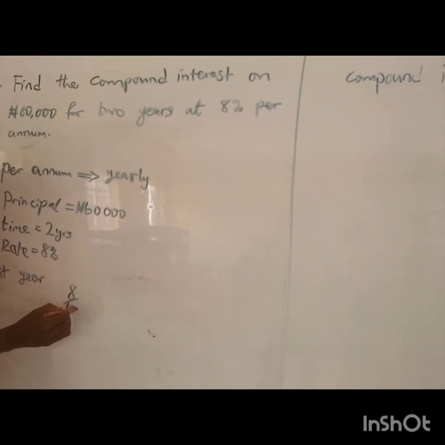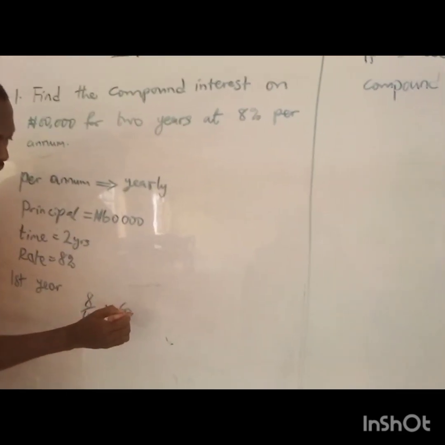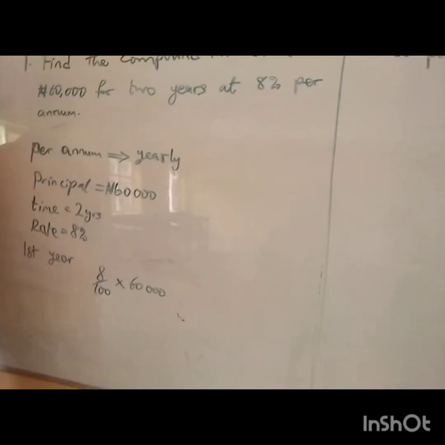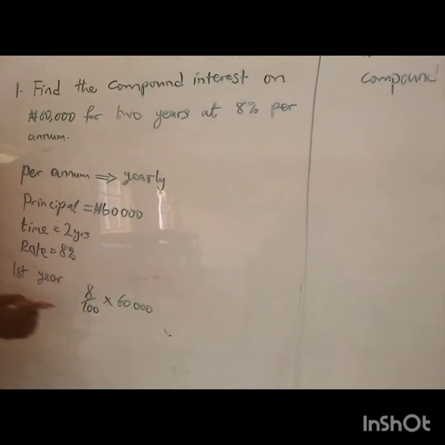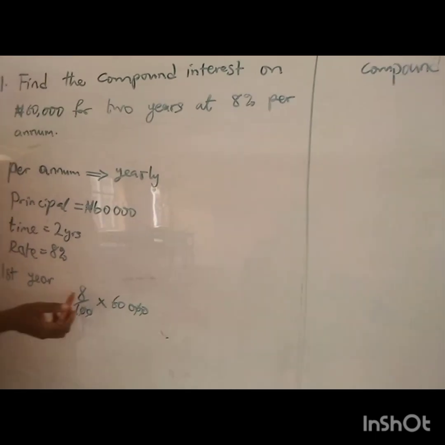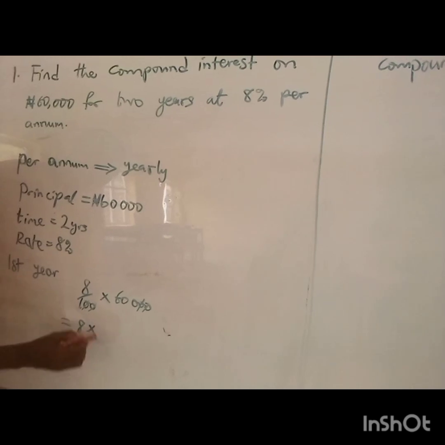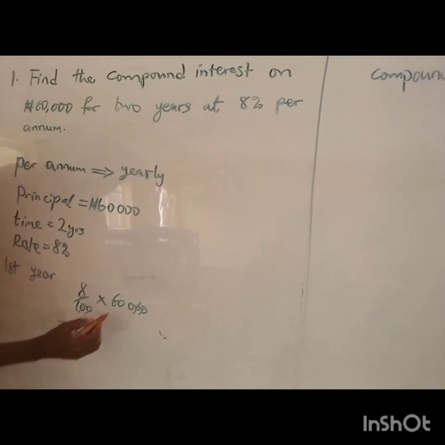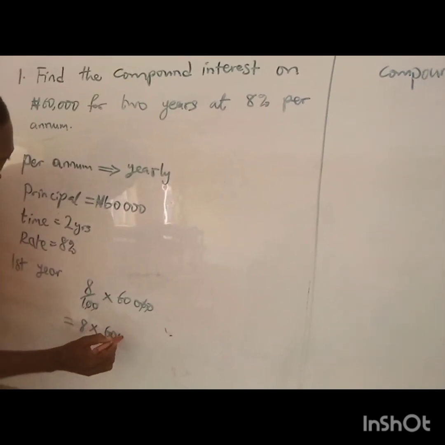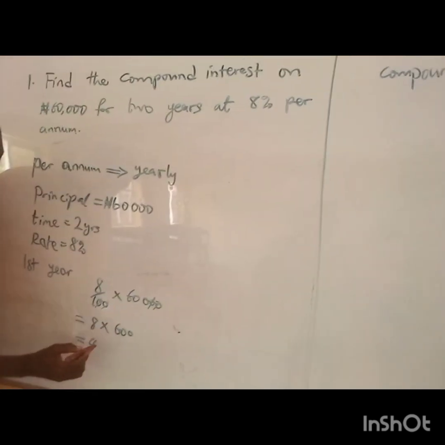First year, 8% means 8 over 100 times 60,000, that's the principal. So this 2 0 cancels out this 2 0. So we have 8 times 600. 8 times 6 is 48.